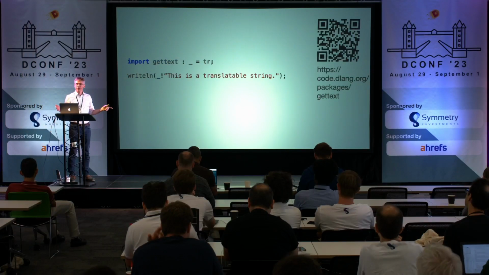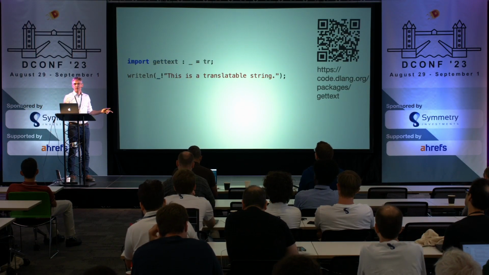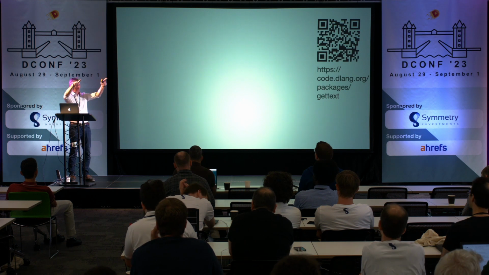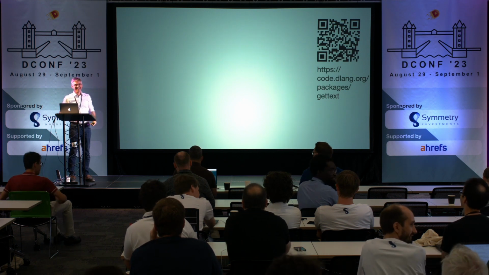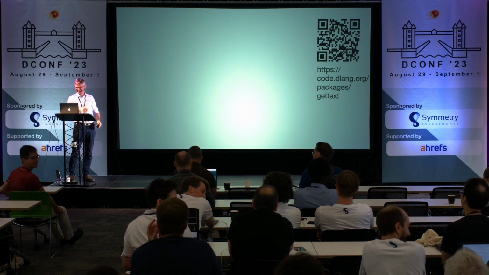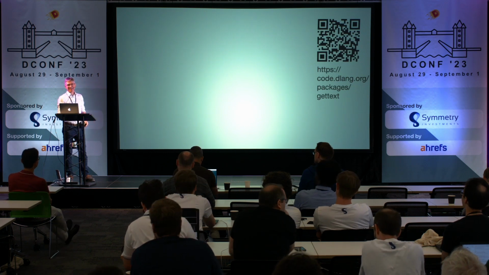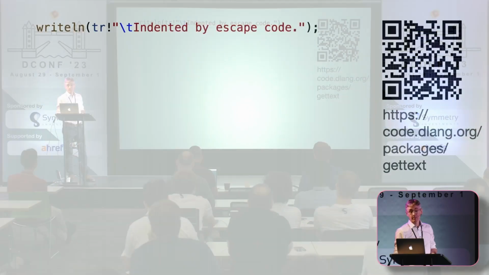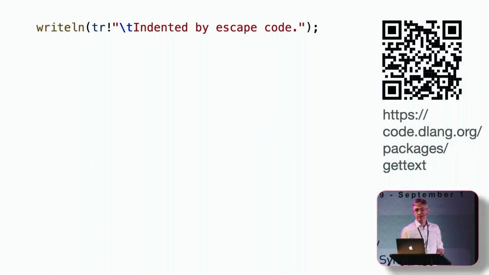I have a question. How many ways are there in D-Lang to write down a string literal? There are 9. Yeah, 9. There are 9 different ways, and all of them are supported. Here are some of them.